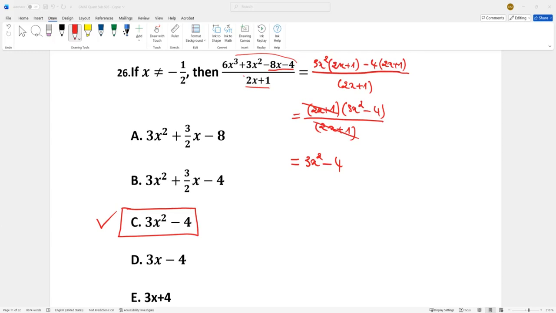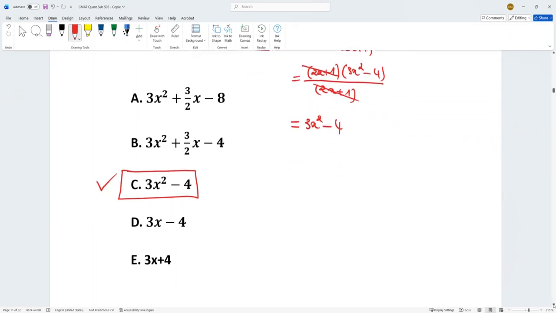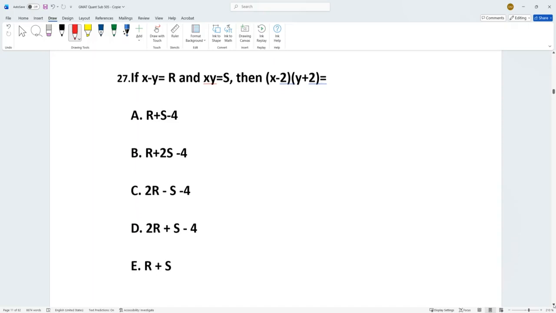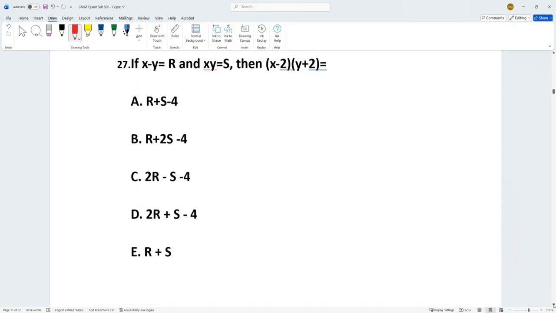So now let's go to question number 27. Question number 27 says, if x minus y is equal to r, and xy is equal to s, then we need to find the value of x minus 2 times y plus 2.